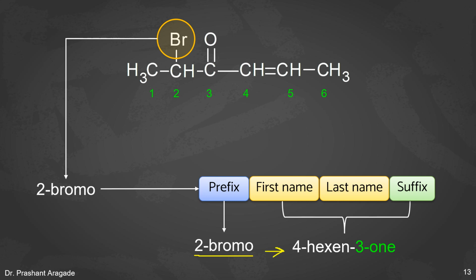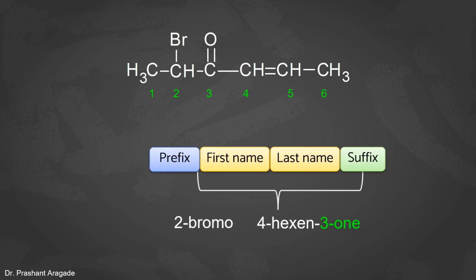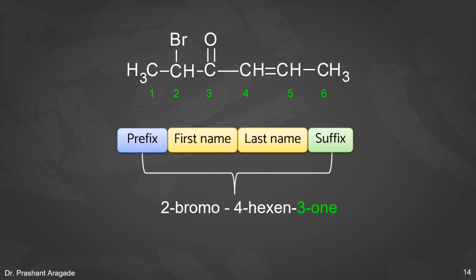So name of this compound is 2-bromo-4-hexen-3-one. So this is the prefix for substituents. First name is hex, last name is ENE. E of last name is replaced with the suffix of functional groups.